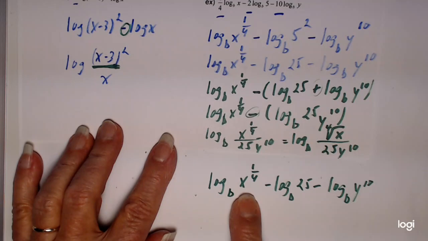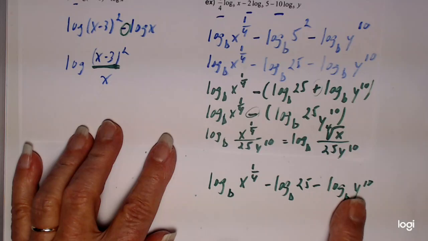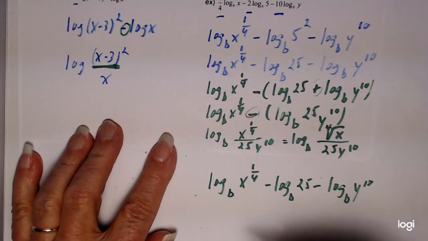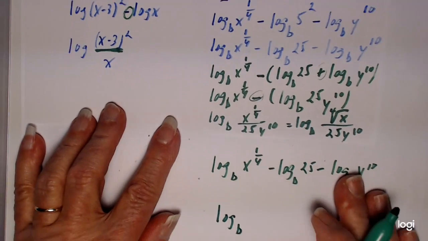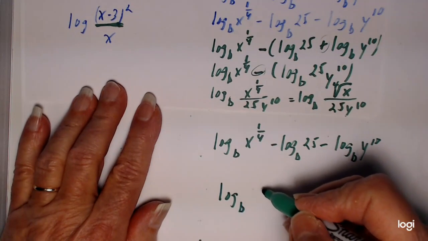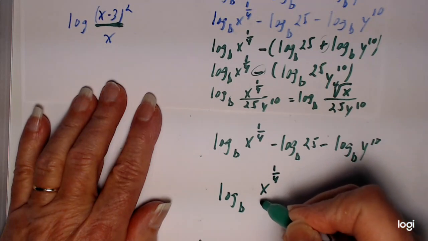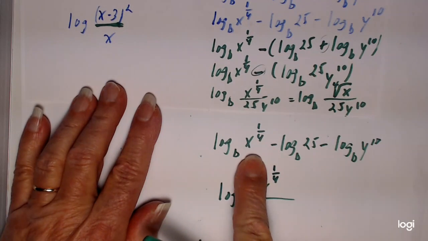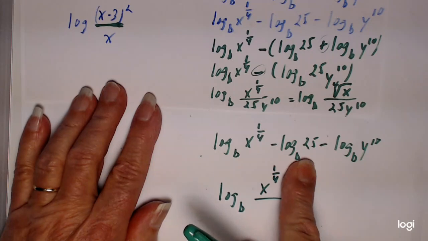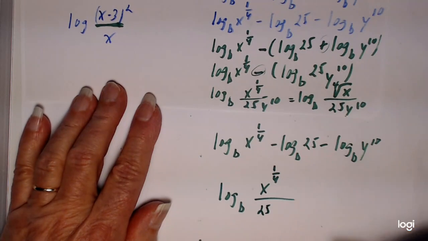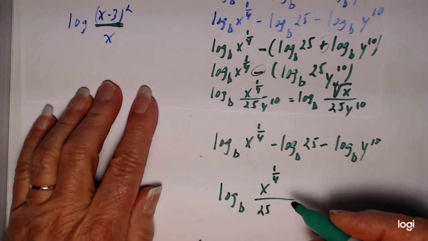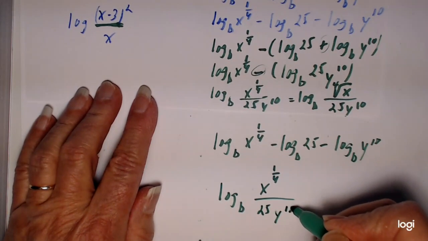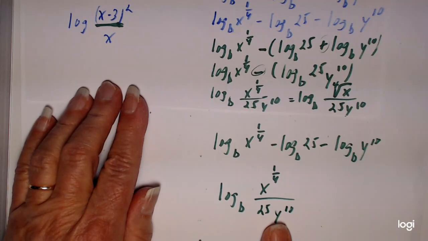So this is in the numerator. And I had said earlier, anything after the subtraction is in the denominator. So I could make my statement log base b, and now the x to the 1/4 is in the numerator. This is after subtraction, so that goes in the denominator, and this is after subtraction. So this term here also goes in the denominator.